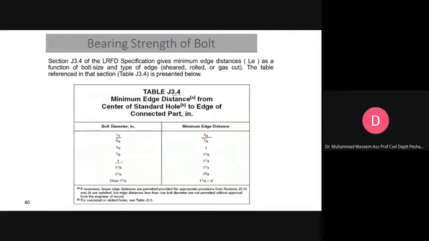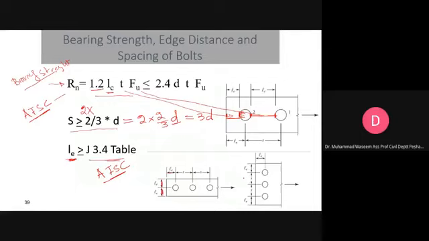If the bolt diameter is 1 inch, LE should be 1/4 inches. If the bolt diameter is more, the minimum distance should be, this is LE. This is not LC. Don't get confused. LE is this distance. LC is used for evaluating the bearing strength. That is LC. Any question?